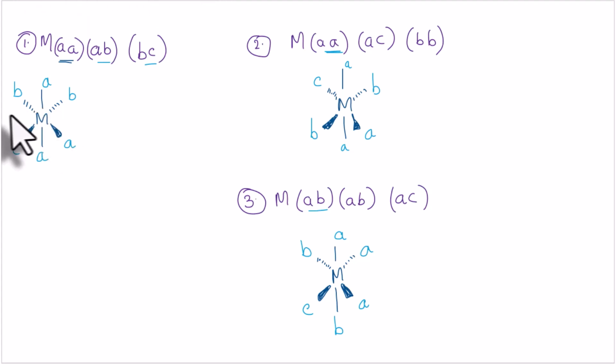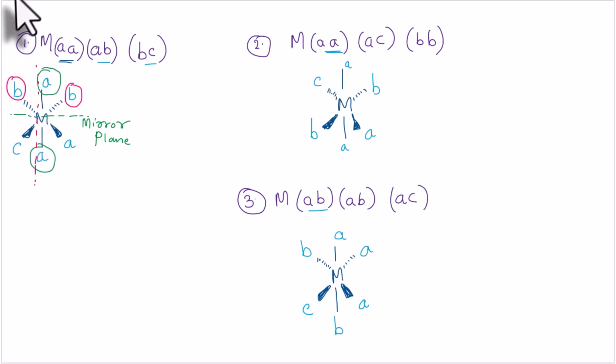So we have to check the chirality. Let us check the chirality of these three isomers in this same question. If we put a mirror plane here, we get a reflection of AA, the same ligands, and also the reflection of BB if we put a mirror plane in the vertical axis.